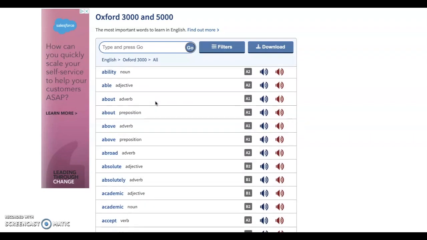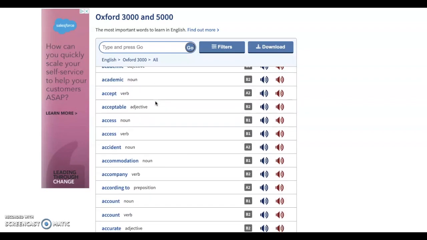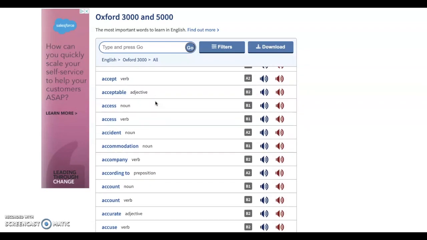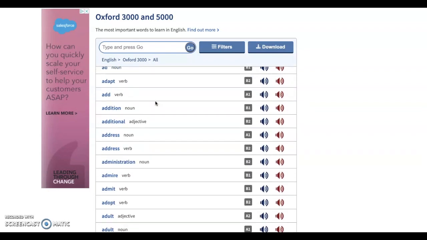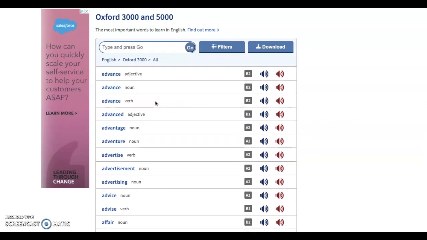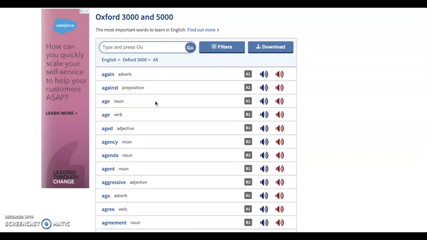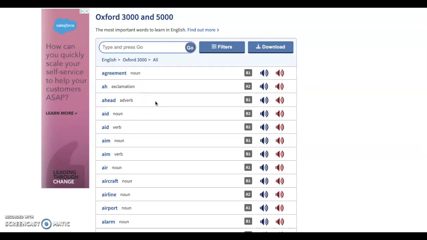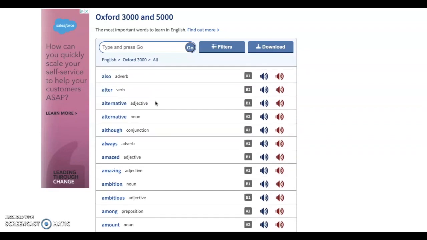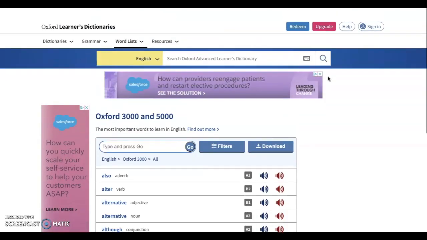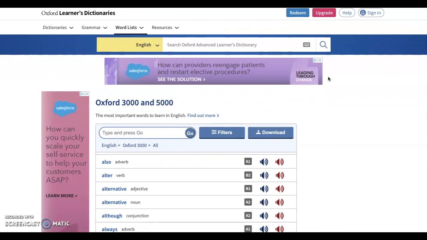So here we have words like abandon, ability, able, and we also have words from a higher level. So you can basically go through this list and try to learn the words, especially the ones that you might not know. So this is more useful for those of you who are trying to fill in the gaps, words that you should know, but for some reason don't.